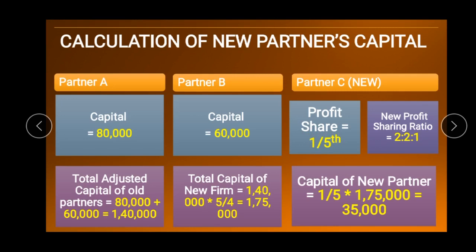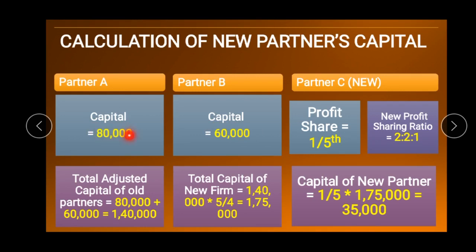And the new profit sharing ratio they have decided is 2:2:1. So this is the information. Now we are given only the existing capital of the old partners. So the first step is to add these existing capitals after all adjustments.